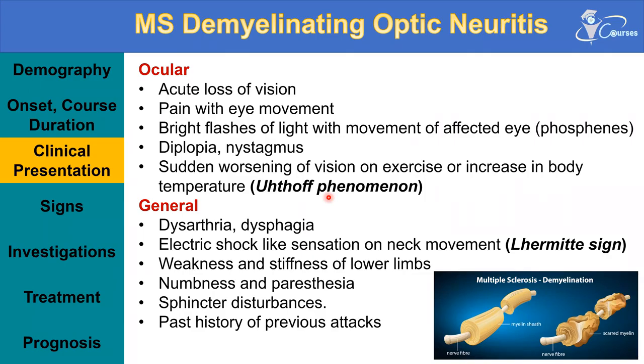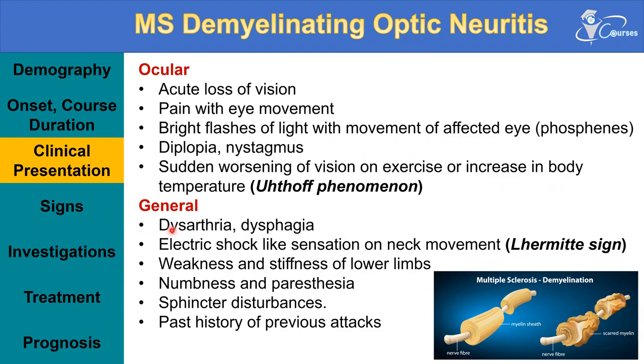If the question says that the patient has problems that appear on increasing the body temperature or when exercising, this is called the Uhthoff phenomenon. The Uhthoff phenomenon is where an increase in body temperature, after a hot bath or after exercise, will cause a decrease in visual acuity because of the increase in demyelination. So this increase in temperature will hasten the process of demyelination, causing a further decrease in visual acuity.